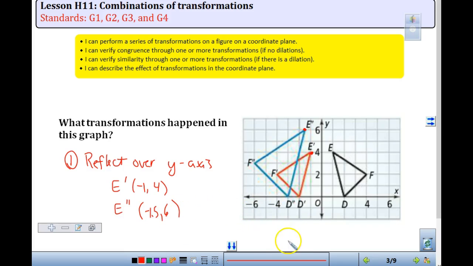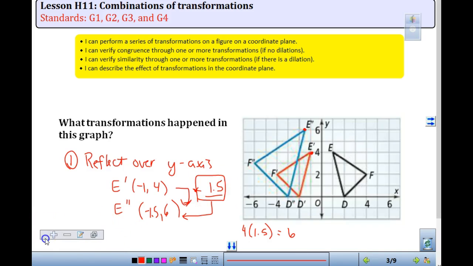So if we were talking about a size change, what am I taking these numbers, the 4 and the 1, times, what am I multiplying by to get 1.5 and 6, Ben? And it is going to be just a positive 1.5, right? So check on your calculator. 4 times 1.5. 4 times 1 gives us 4, plus half of 4 is going to be 2, and that does come out to be 6.